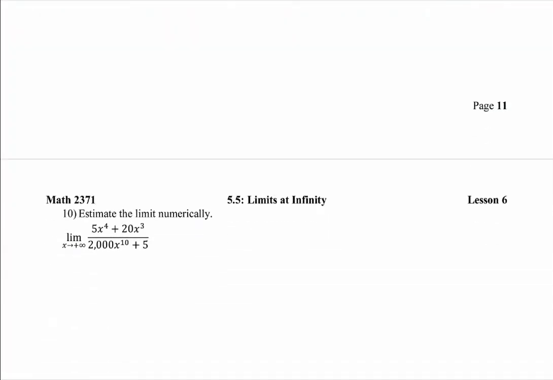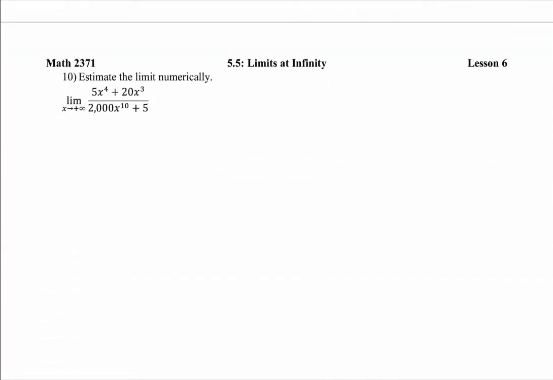This is the one I'm going to do with the algebra. You multiply the numerator and the denominator by 1 over the highest exponent, so that's 1 over x to the 10th.